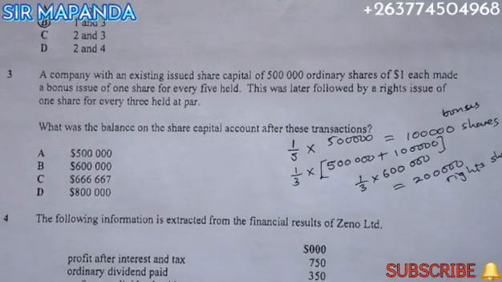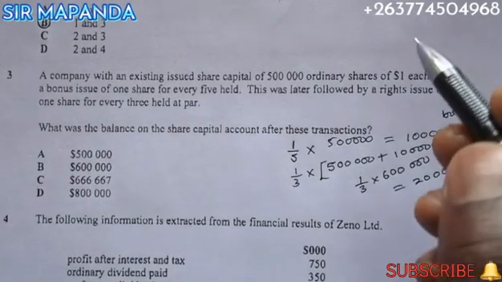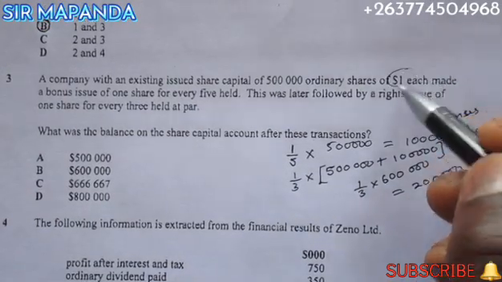Here comes the question. What was the balance on the share capital account after these transactions? So the share capital account, right, is calculated using the par value only. So we have to calculate the total number of shares that we now have after these transactions. Then we multiply by the par value given of $1, right?